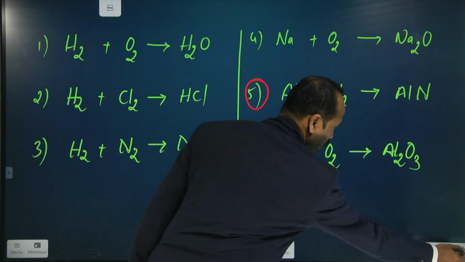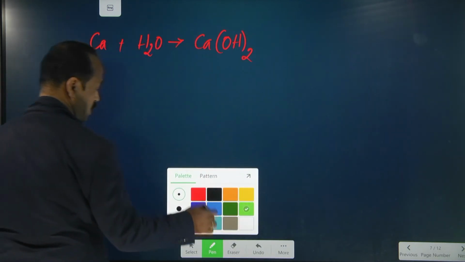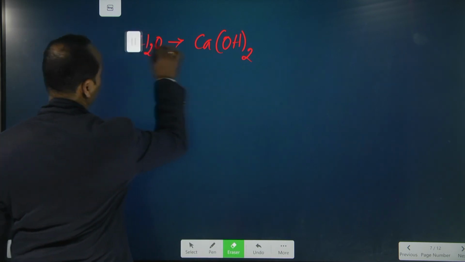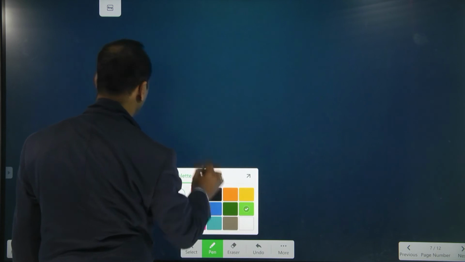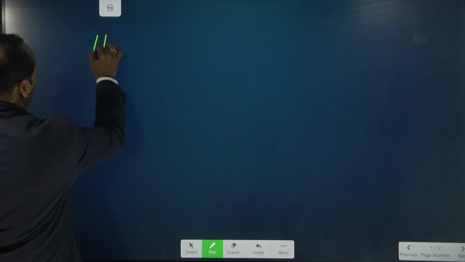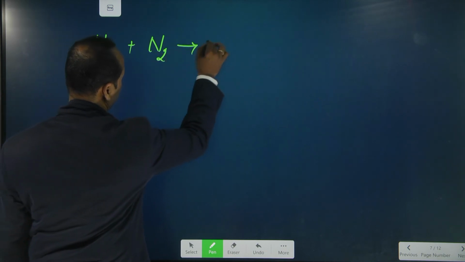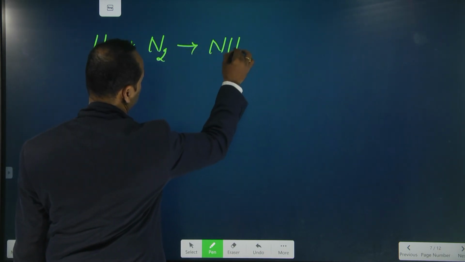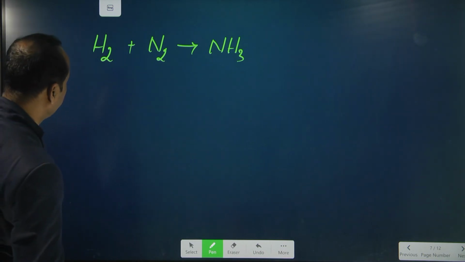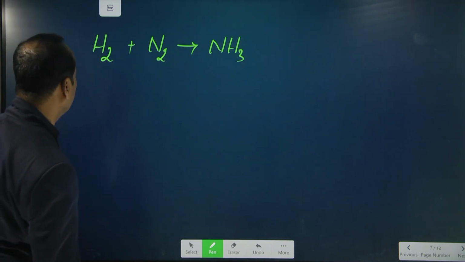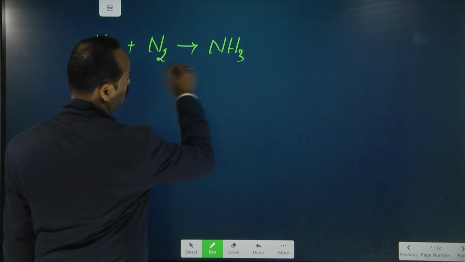Okay, so hydrogen, this I'll rub. Hydrogen, see here, hydrogen plus nitrogen gives rise to ammonia, NH3 is there. So here what you do is, two hydrogens are there here, but here three hydrogens are there.